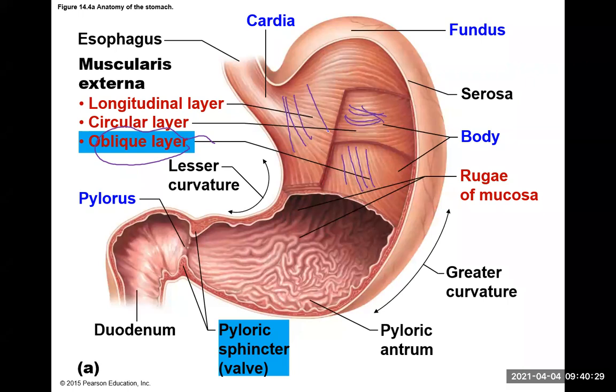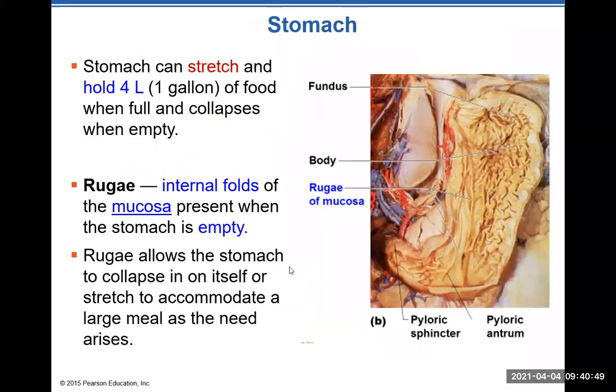So to give it protection so that it doesn't break open, we have an additional protective layer called the oblique layer, which helps in the churning action of the stomach, the mixing action of the stomach. Okay, clear everyone? Did you understand why we have an extra layer? Yes, ladies?